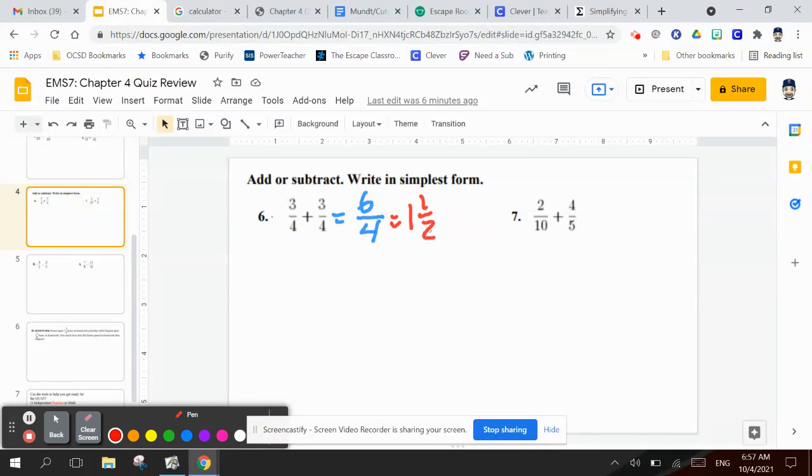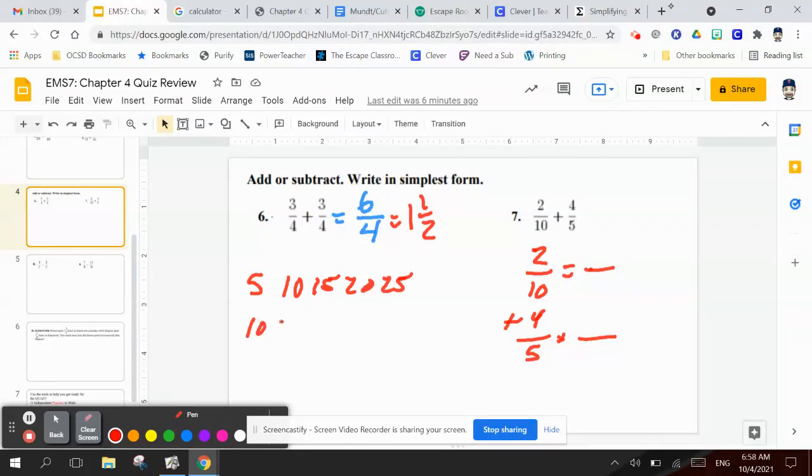And number 7 is 2/10 plus 4/5. So what I do is I write mine down below. So I have 2/10 plus 4/5. And I need to find a common denominator. What's a number that both 5 and 10 go into? Well, I can write out my multiples: 5, 10, 15, 20, 25.